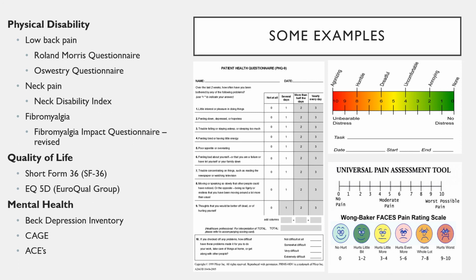You can see on there that there are some different names for the different tools. Again, these are valid, they're reproducible, they've been used by many people. And if you look really closely down in the bottom, you can see copyright 1999, Pfizer Incorporated, all rights reserved, reproduced with permission. That's a way to make sure that you're giving credit where credit is due.